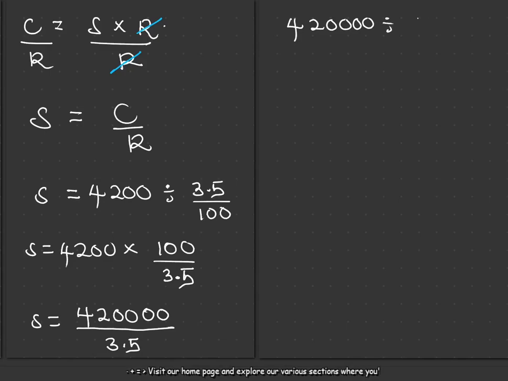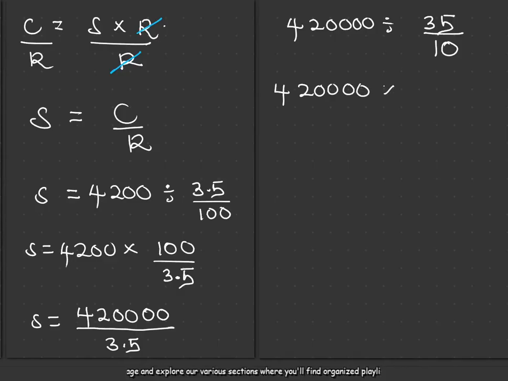420000 divided by 3.5. 3.5 can then be written as 35 over 10. Do you see that? So we are just applying the whole idea of fractions and divisions over here. So we have 420000 times your 10 over 35.